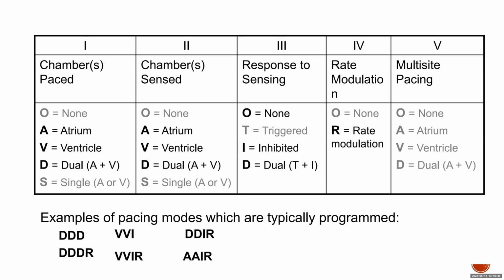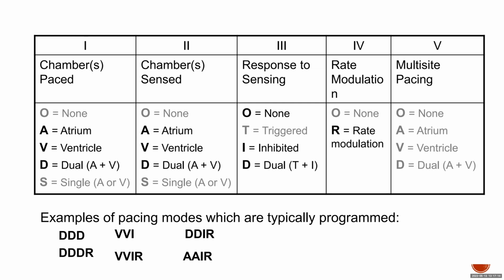The pacemaker will wait. If the patient has a sinus rate of 60, the atrial lead will sense this atrial activity and will inhibit pacing. There's no need for pacing because the rate is more than 50. So this is the I part of the dual. And then let's say the rate goes down now to 30. So the atrial lead is not sensing anything.